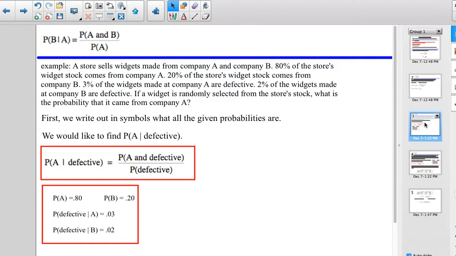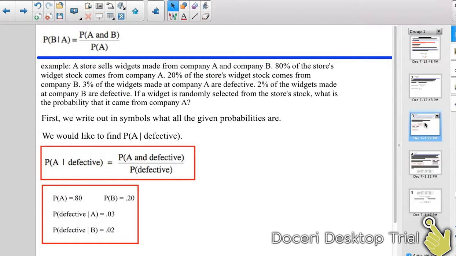Let's suppose a store sells widgets from Company A and Company B. 80% of the store's widget stock comes from Company A. 20% comes from Company B. 3% of the widgets made at Company A are defective. 2% of the widgets made from Company B are defective. If a widget is randomly selected from the store stock, what is the probability that it came from Company A given that it's defective?